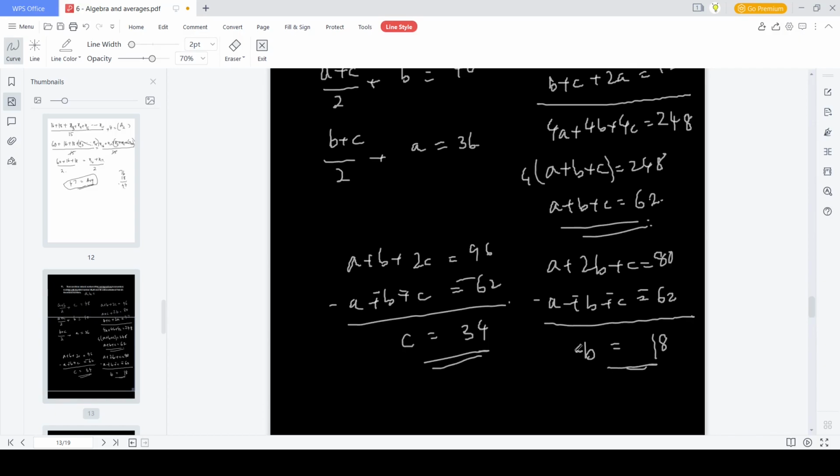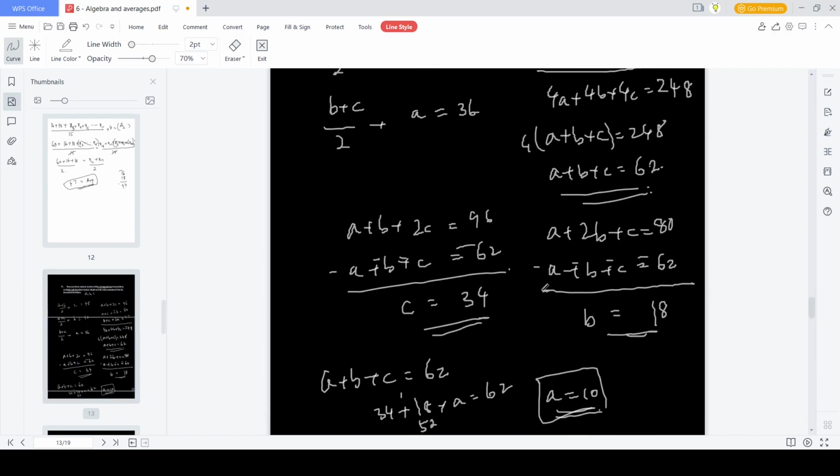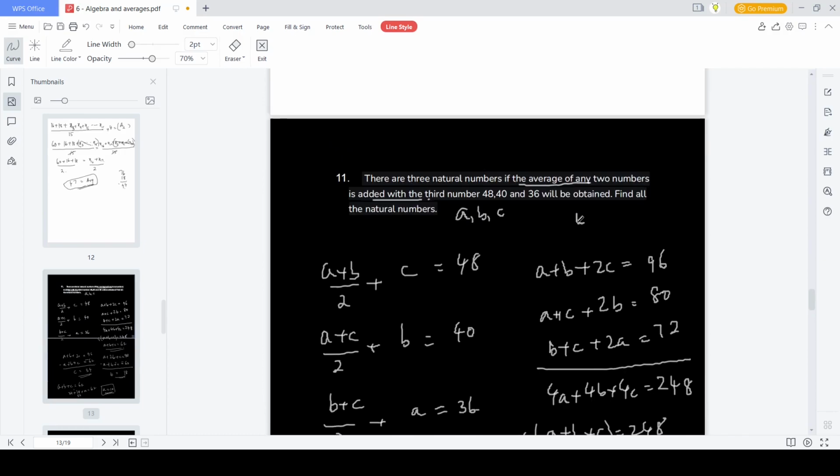Now for a, I'll use that formula: a plus b plus c is equal to 62. So 34 plus 18 plus a is equal to 62. 34 plus 18 is 52, so a is equal to 10. So the numbers are 10, 18 and 34. This is the answer.